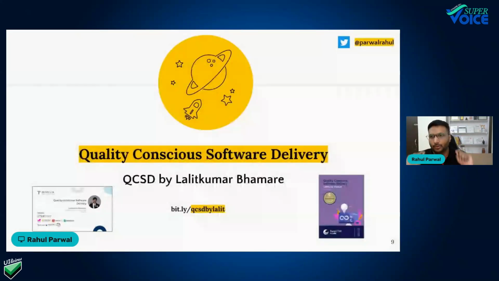And I want to talk about this topic of quality conscious software delivery. This is a model by Lalit Kumar Bhamre, and I first got to know about it through a conference, TestFlix 2020. The first time I read about this topic and took notes on it, the idea of quality consciousness, and how you can build quality software through it, stuck with me.